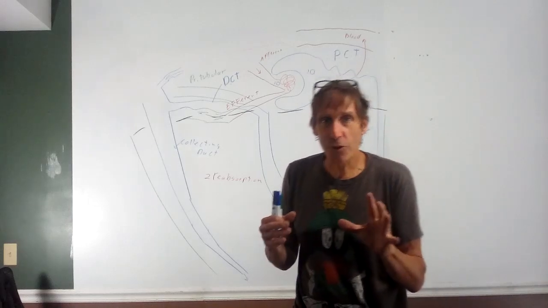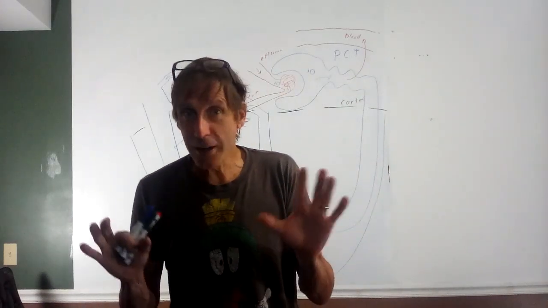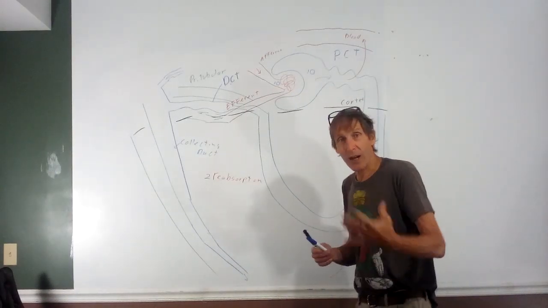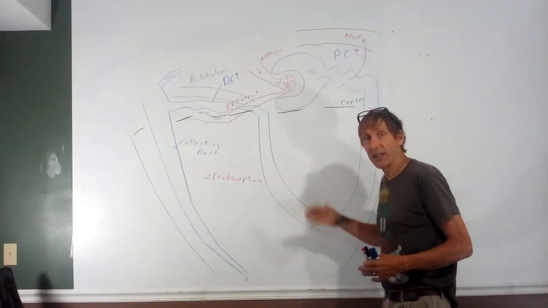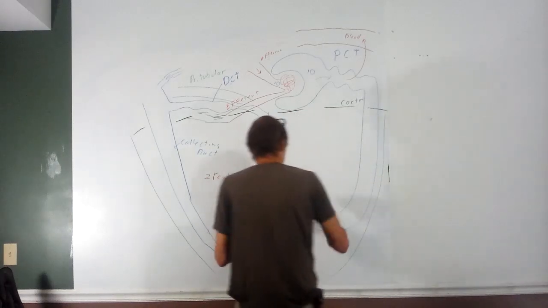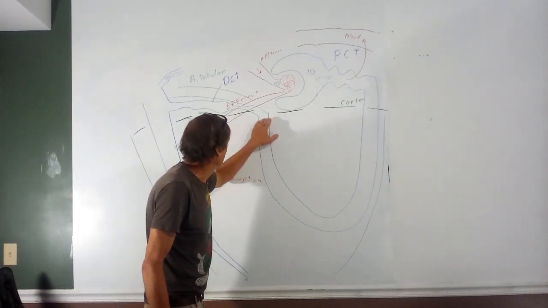And if you're a bit dehydrated, the urine you produce starts to get almost as concentrated as seawater. Not quite, but it's pretty concentrated. 1,200 milliosmoles is what? Four times more concentrated than your blood. You need the loop of Henle to produce that concentrated urine. Let me get back to that so I don't make the video too long. Yesterday's took 6 hours to upload, so I'll skip the loop of Henle.